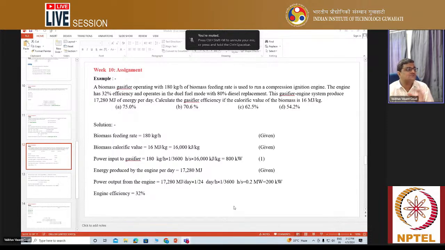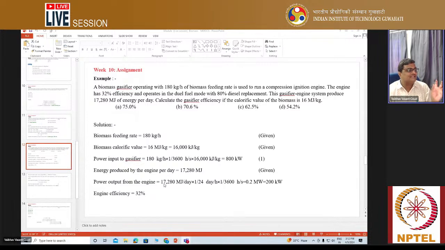Now, once we know the energy produced by the engine gasification system per day, the power output from this engine needs to be calculated, because we know the running time of this engine. This is in megajoule per day, so we convert this unit into kilowatt again to match the units.